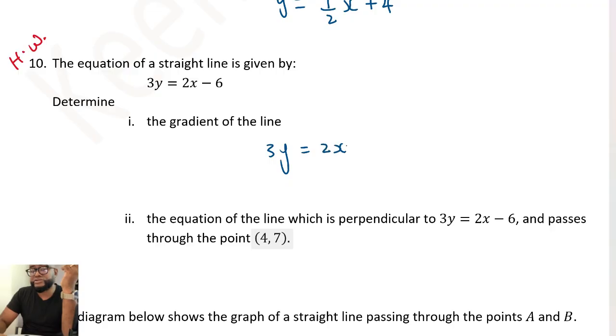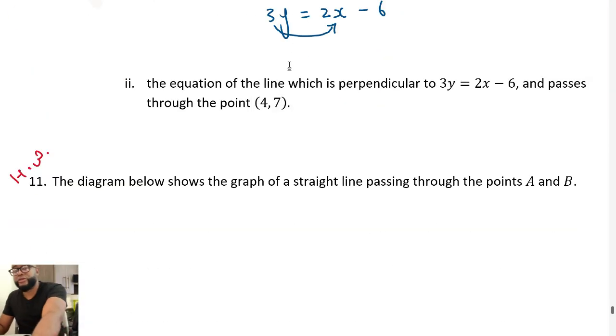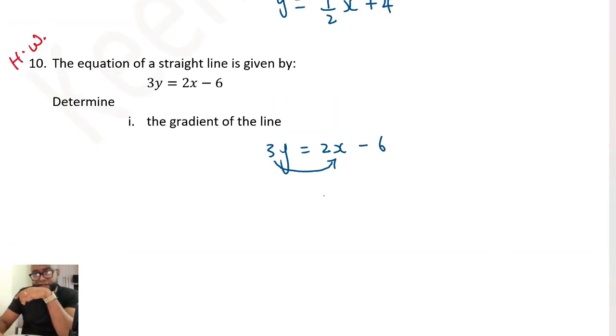All right. So I'm going to write down the equation of the line. 3y is equal to 2x minus 6. Is this equation in the form y is equal to mx plus c? No, because it has a 3 in front of y. We need to move that 3. When you carry that 3 to this side, you actually have to divide everything there by it, right?